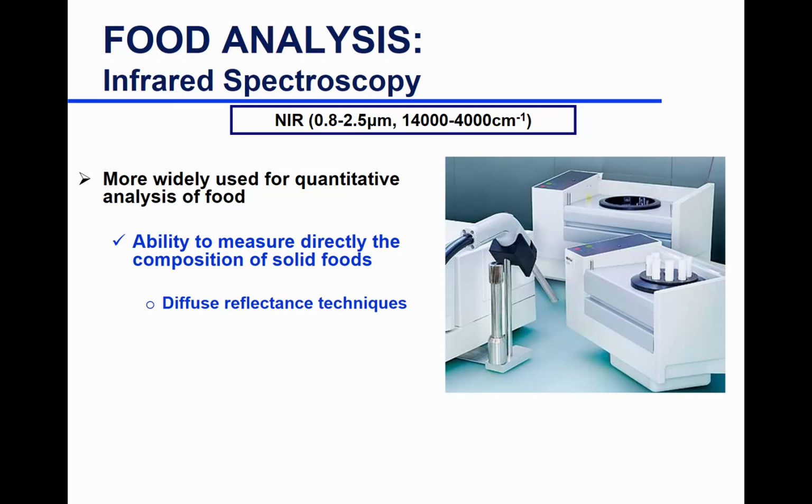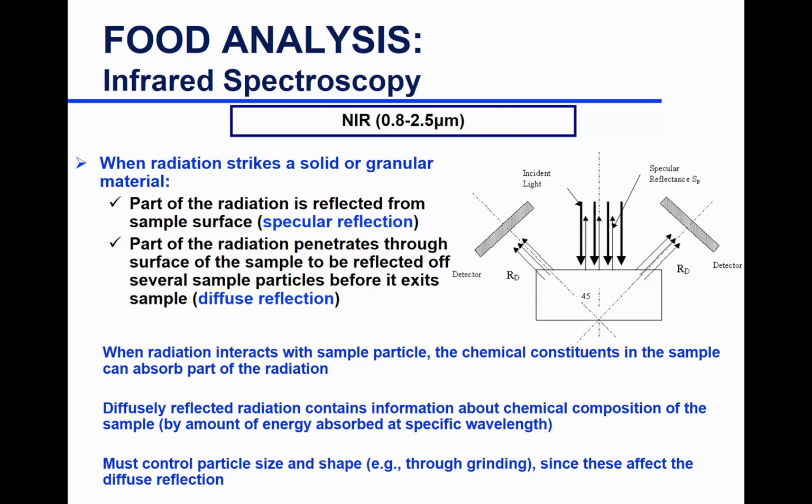Near IR is more widely used to quantitate composition. You can directly measure the composition of solid food, and it's mostly based on the diffuse reflectance technique. In this case, your light hits the surface of a food product, let's say a solid food product ground to even particle size.